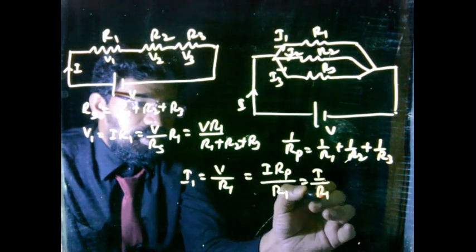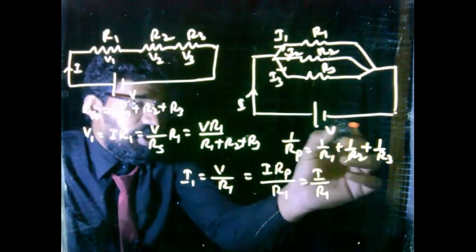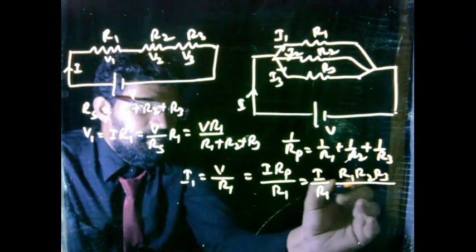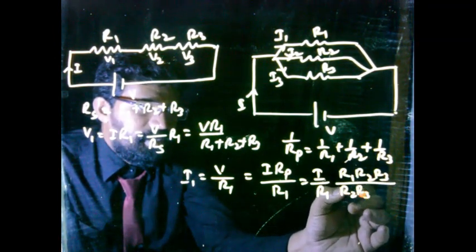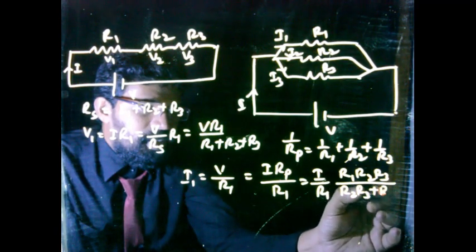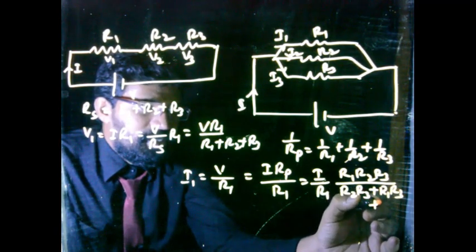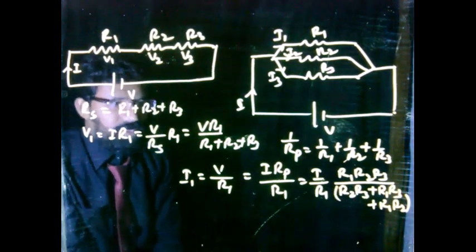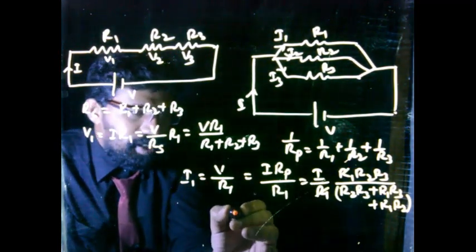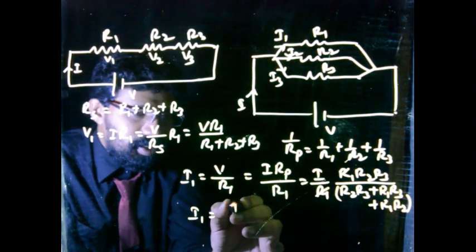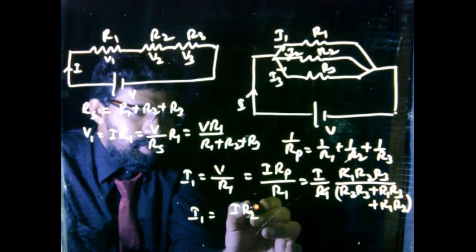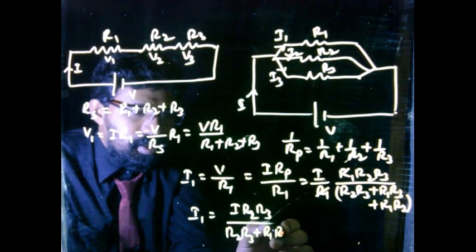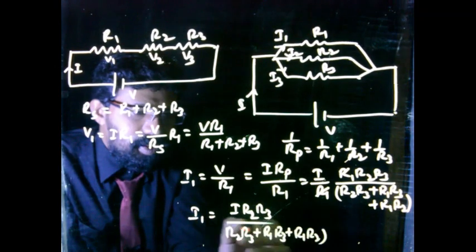Simplifying Rp, we get R1 R2 R3 by R2 R3 plus R1 R3 plus R1 R2. Now R1 and R1 get cancelled, so finally I1 is equal to I into R2 R3 by R2 R3 plus R1 R3 plus R1 R2.